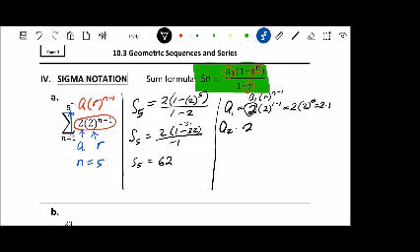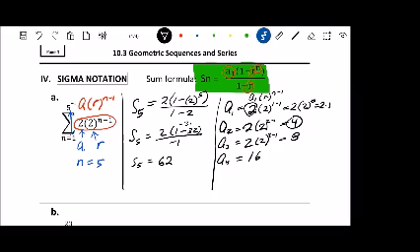For the second term, 2 to the 2 minus 1, which is 2 to the first, which is 4. Amount of the third term, 2 to the 3 minus 1, and now we have 4 times 2, we've got 8.